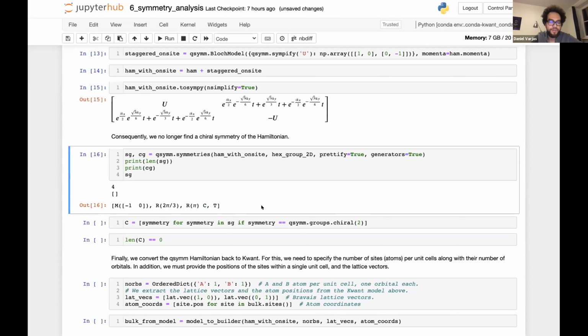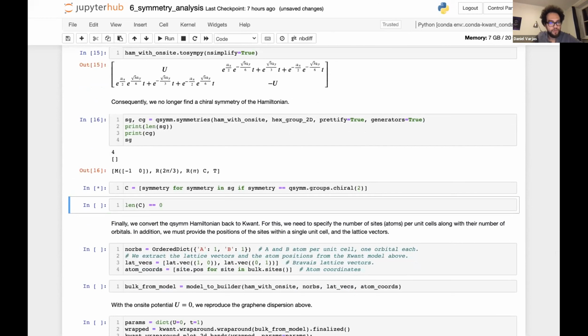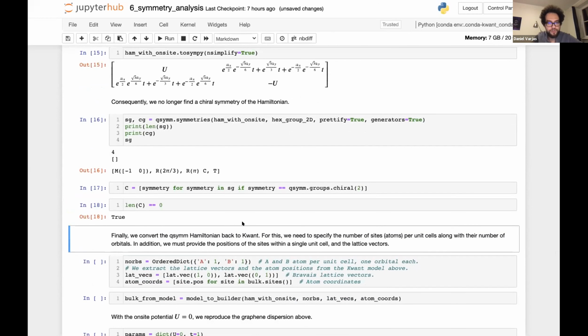And this actually makes sense because a twofold rotation actually interchanges the two sublattices. So if I interchange the two sublattices and also flip the energy, then I'm back to the same place because I put opposite sign on-site energies on the two sublattices. So just to be sure, we check that there are no chiral type symmetries in the symmetry group.